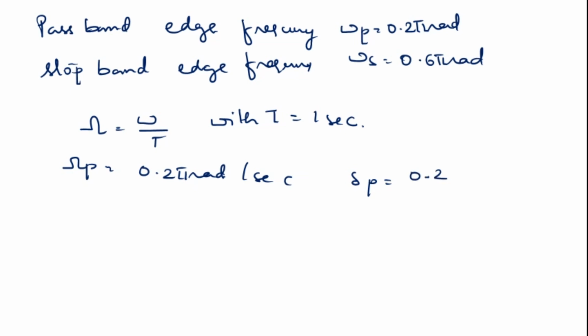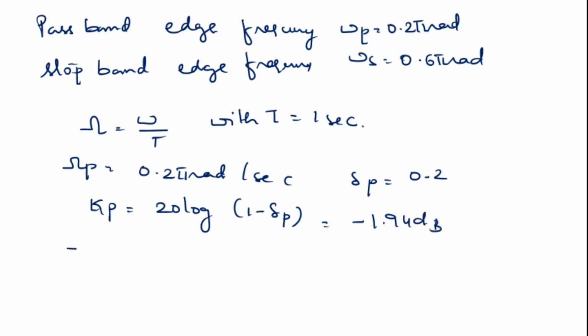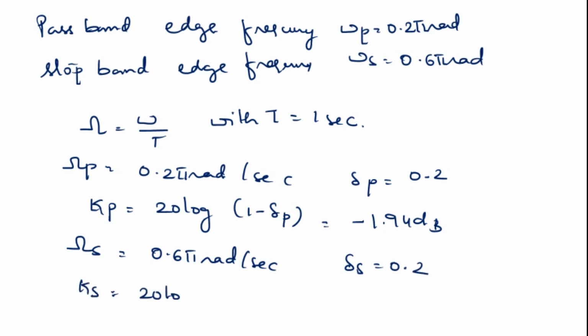Kp is 20 log of 1 minus delta p, which is equal to minus 1.94 decibels. Omega s is equal to 0.65 radian per second. Delta s is 0.2, and Ks is equal to 20 log of delta s, which is equal to minus 14 decibels.